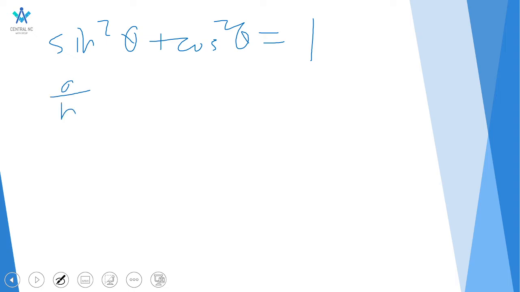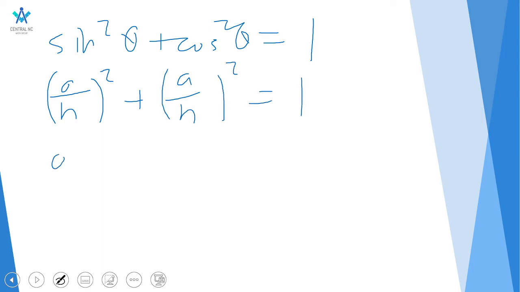Let's use our SOHCAHTOA again. Our statement was sine squared theta plus cosine squared theta is equal to 1. But this is actually sine equal to opposite over hypotenuse, and cosine equal to adjacent over hypotenuse. Just expanding the squares, we get this.